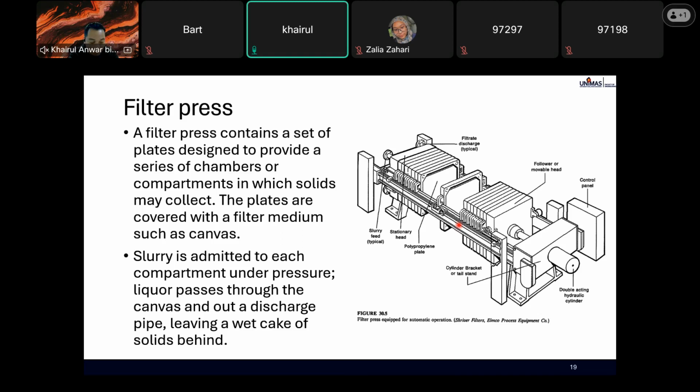But normally we don't use reverse osmosis directly. Normally they have a set of pre-filtration, pre-treatment before it goes to the last unit operation, which is the reverse osmosis, to separate the salt for the desalination system.